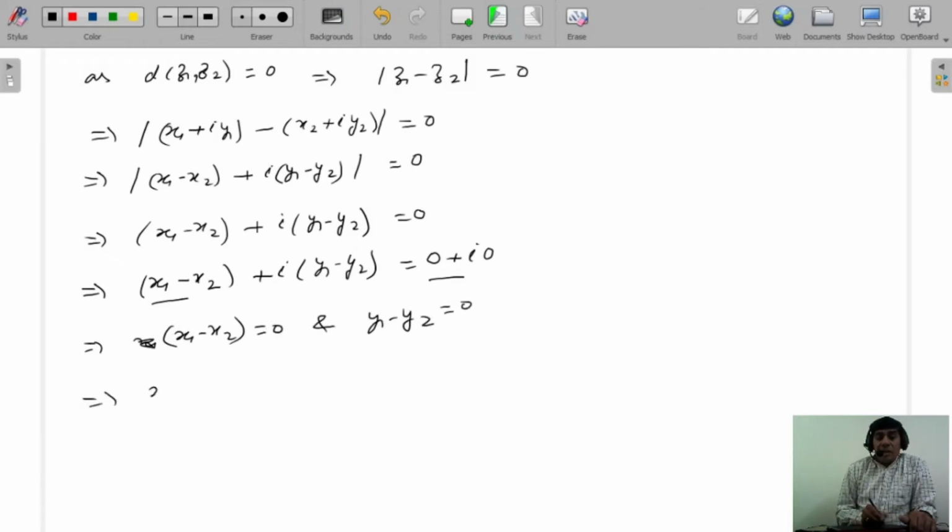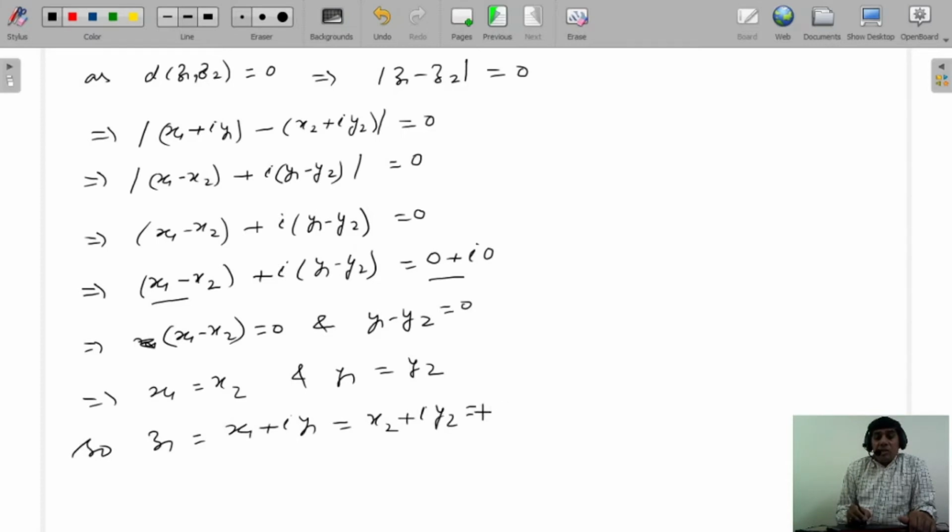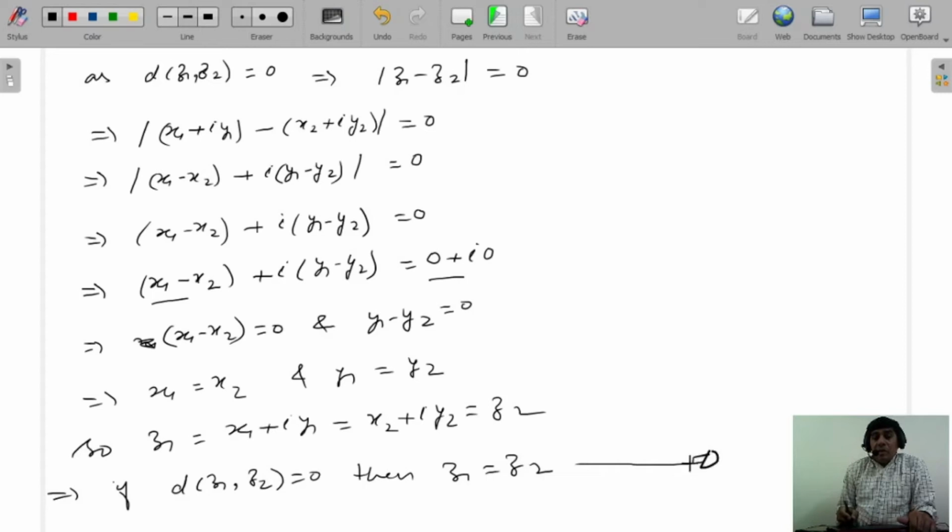This implies x1 is equal to x2 and y1 is equal to y2. So z1 is equal to x1 plus iota y1 is equal to x2 plus iota y2, which is equal to z2. This implies if d(z1, z2) is equal to 0, then z1 is equal to z2. Represent it by equation 1.